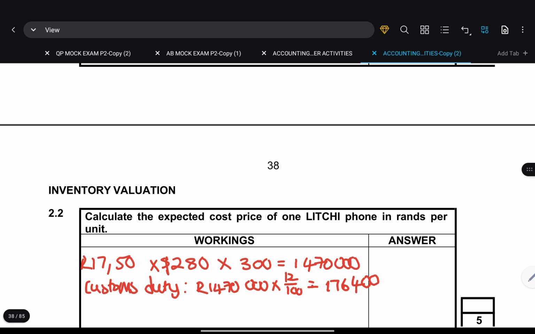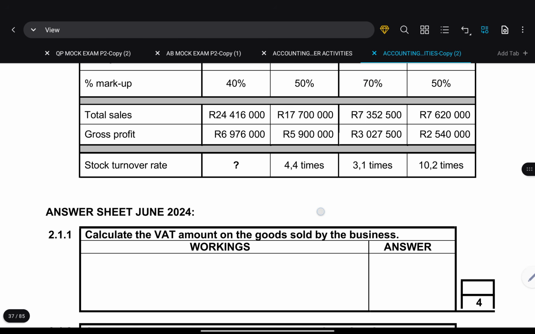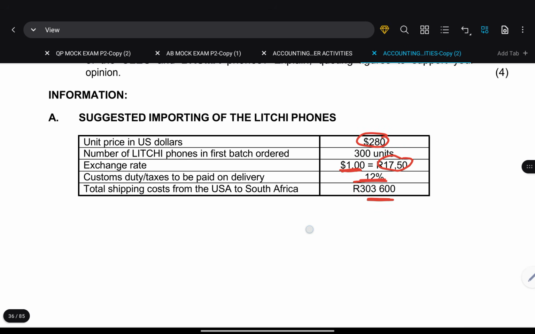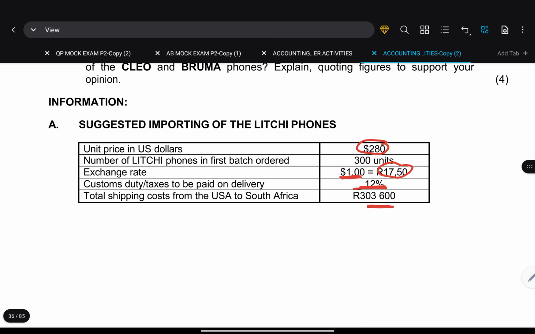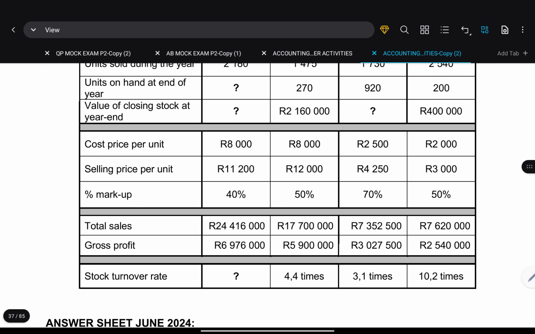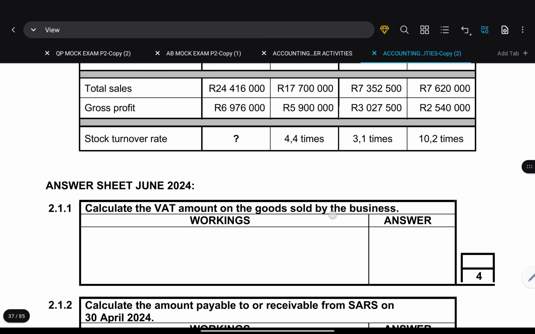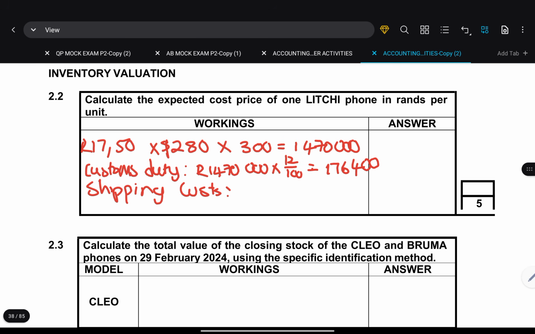176,400. And then the other part, remember, we have shipping costs. In terms of shipping costs, we need to check if it was already calculated for us. They said our shipping costs amount to 303,600. So our shipping cost is equal to 303,600.